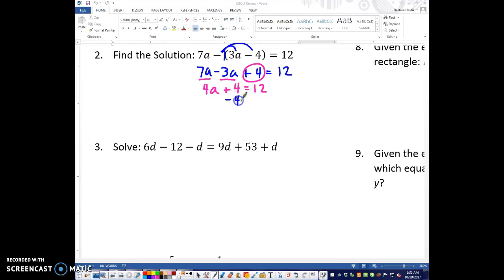We can subtract the 4. So we have 4a still left, equals 12 minus 4 is 8. Now, can we divide or multiply? Well, it's being multiplied, so let's divide by 4. Cancels out. So we have a equals, what's 8 divided by 4? It's 2.